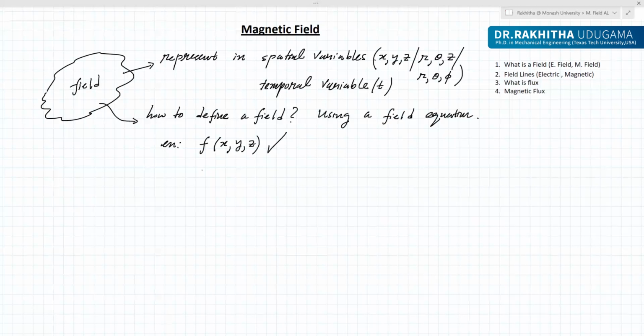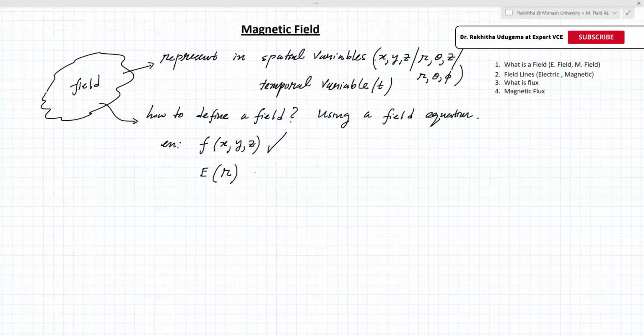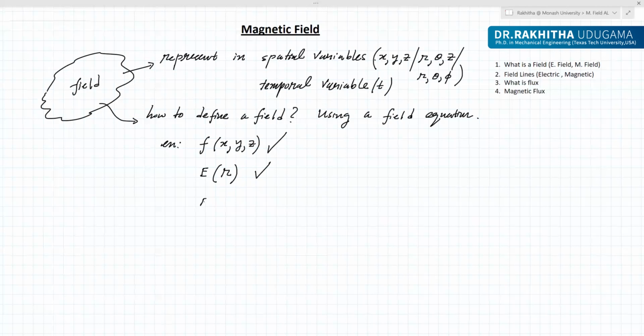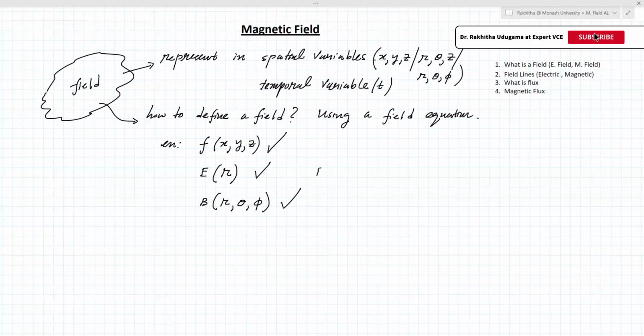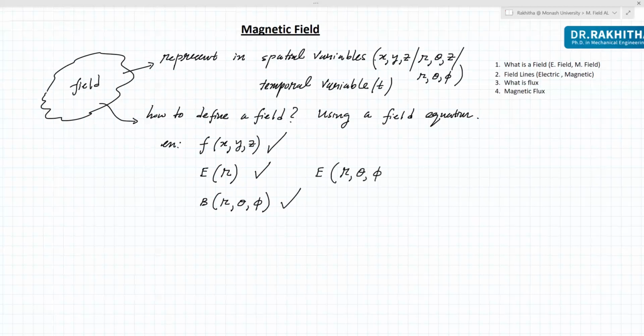You can have E as a function of r. This is a field equation. r means the radius, right? You can have B as a function of r, theta, and phi. That's a field equation. Again, if you want, you can have E as a function of r, theta, and phi. This is a field equation.